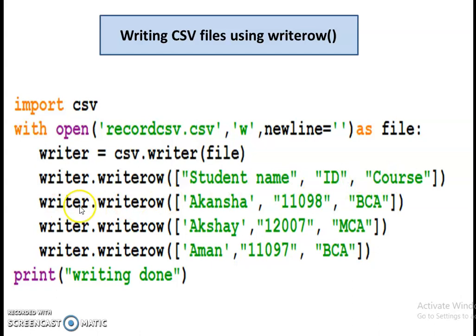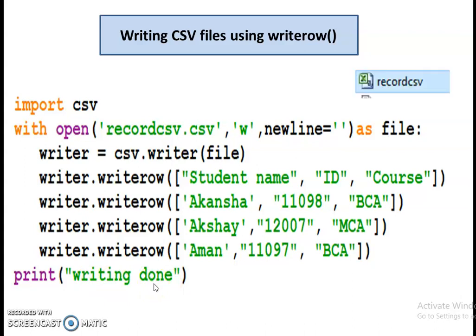Next we can write writer.writerow another row. We can provide another record in the form of list, and in similar fashion we can provide number of records to it. And after performing these operation, we are writing print writing done, just a message to show that writing has been done.